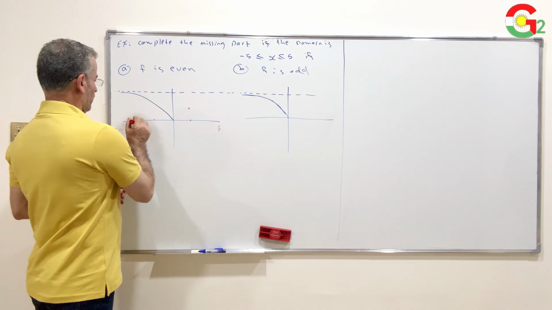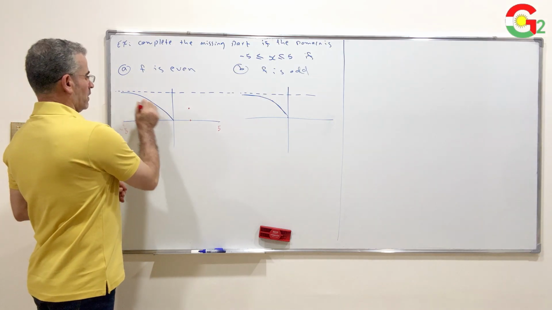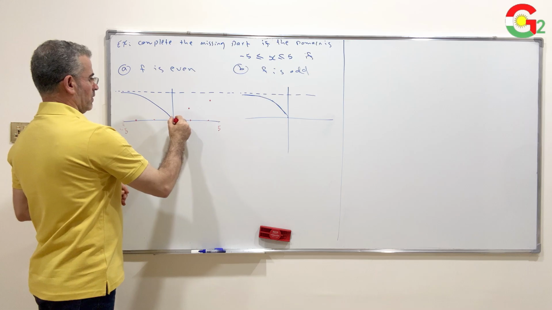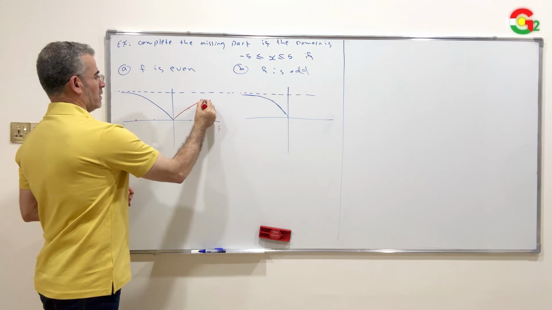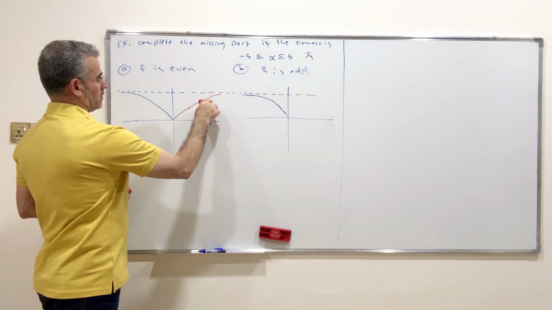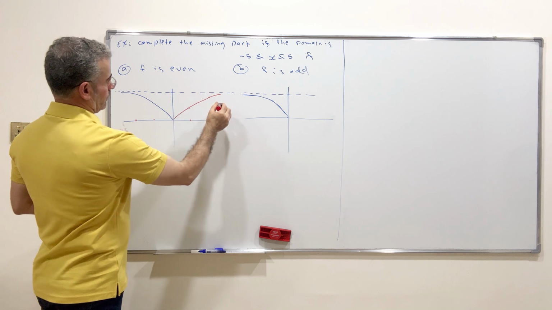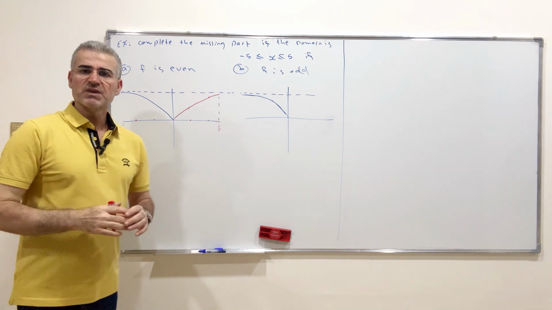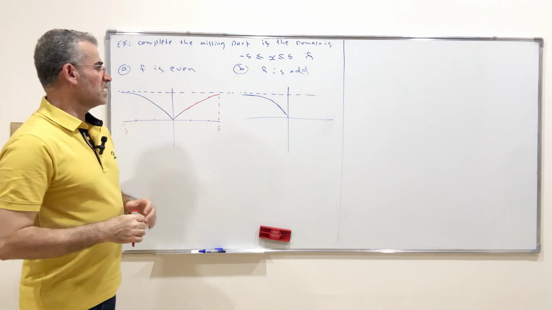And if I take the point here, then also the point will be here. Then the missing part will be like this, from 2 to 5. This is the missing part if this function is even.